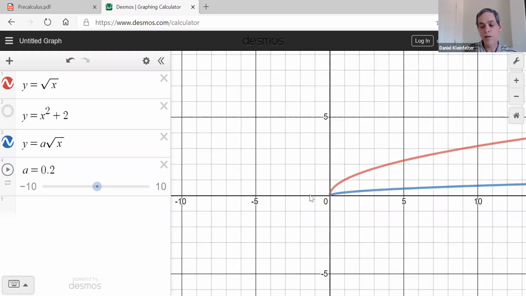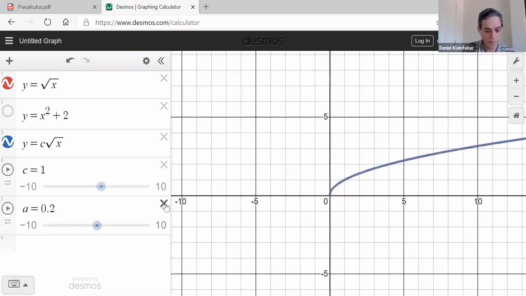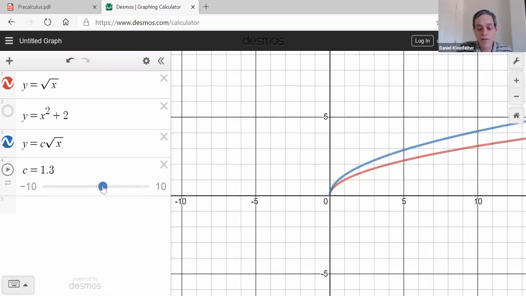Okay, so here we have our regular graph shown in red. Here our A, I guess it was a C in the book, so let's use a C for this. All right, so our multiplier C, if you multiply by a number bigger than 1, it's now stretching the graph vertically. It's not moving the graph up altogether, but it's just stretching it vertically.